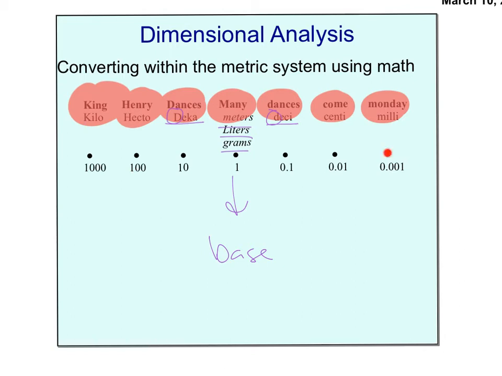So there's 10 millimeters in 1 centimeter, 10 centimeters in 1 decimeter, 10 decimeters in 1 meter, which ultimately means there's 1,000 millimeters in 1 meter. So all of these hops are a power of 10.